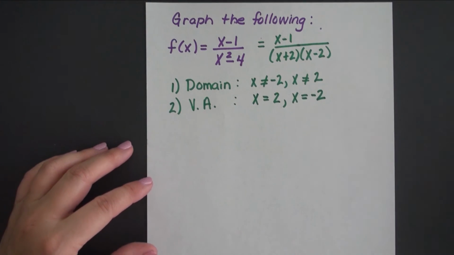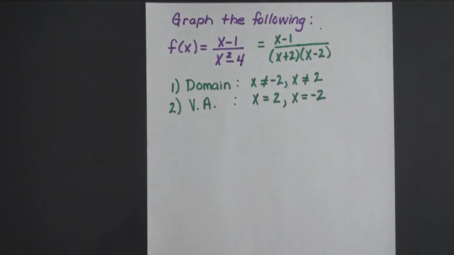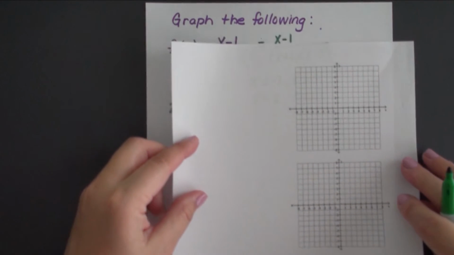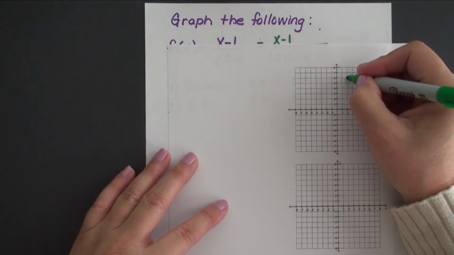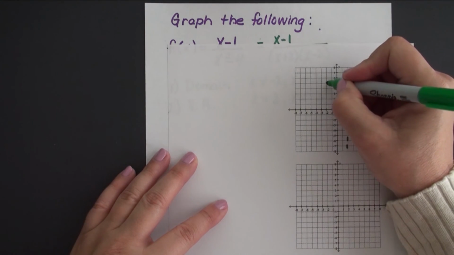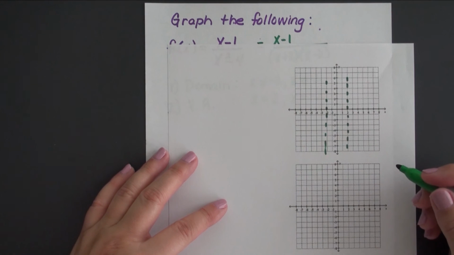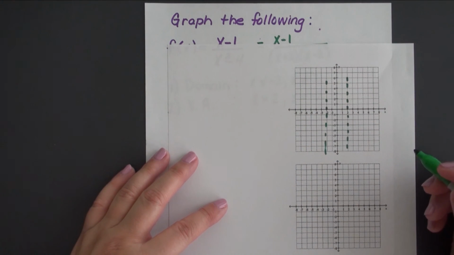We can begin our graph by placing x equals 2 and x equals negative 2 as vertical asymptotes.